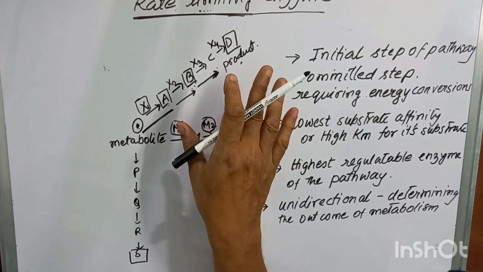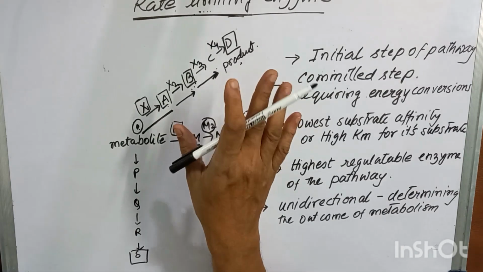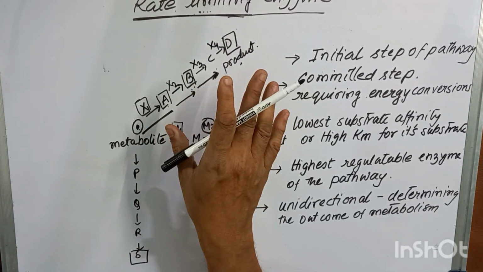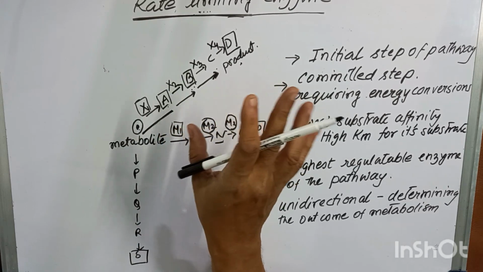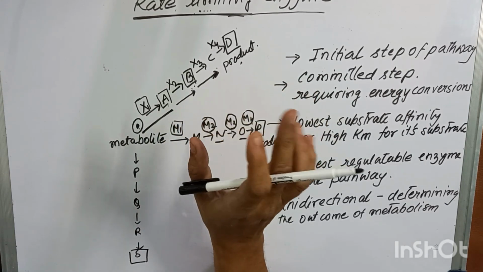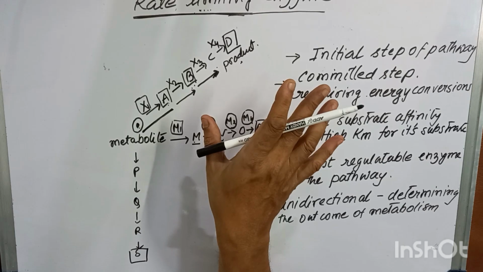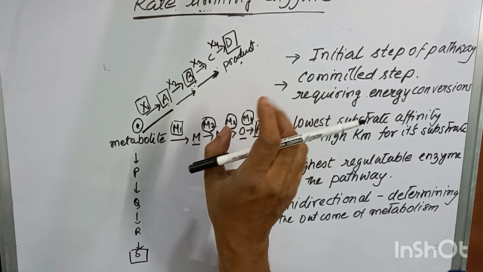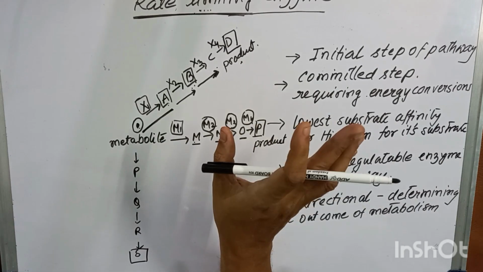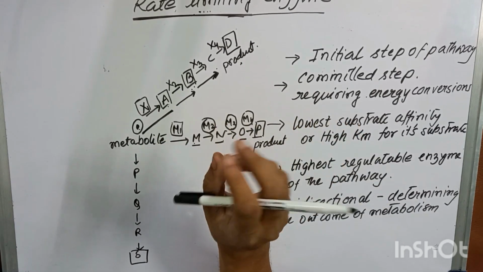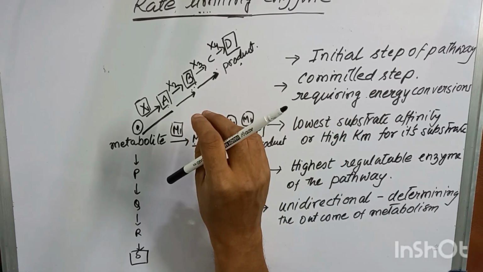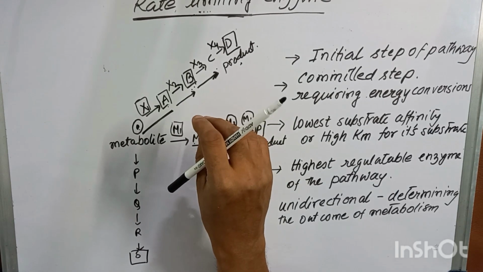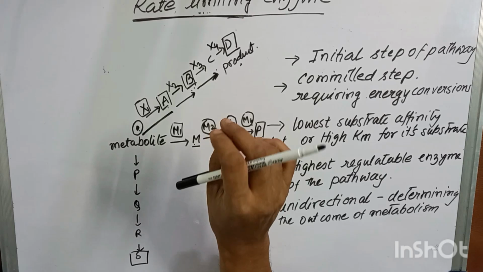So these rate limiting enzymes can be heavily regulated, and there are in vivo regulations inside our body, inside our physiological milieu, of this pathway. There are different metabolites which have the ability to regulate these rate limiting enzymes. So these are the most highly regulatable enzymes.